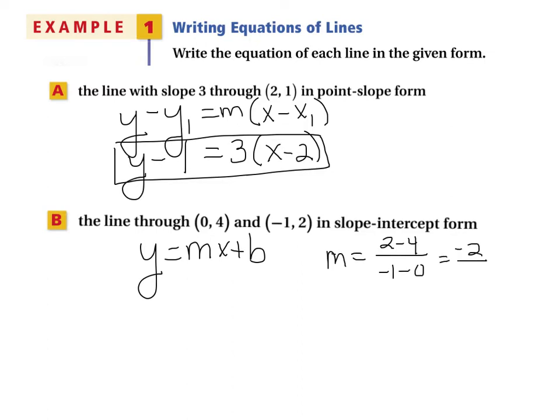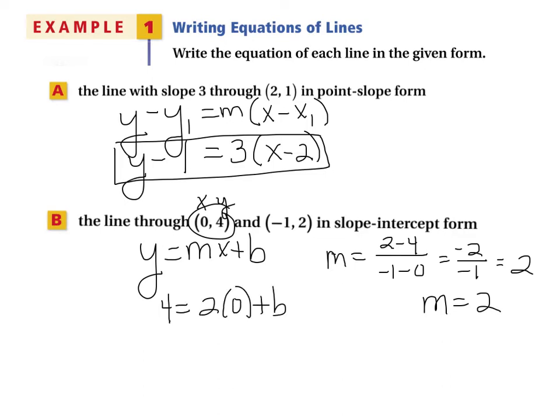That gives me negative 2 divided by negative 1, which gives me a slope of 2. So we know our slope is going to be 2. Now, I'm going to use one of these points, and I'm going to plug in x and y to find b. Now, there are obviously different ways to do this. So 4 equals, my slope is 2, times 0 plus b.